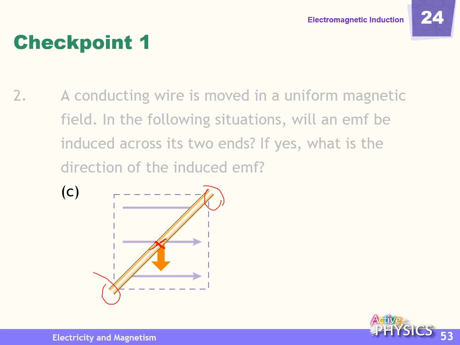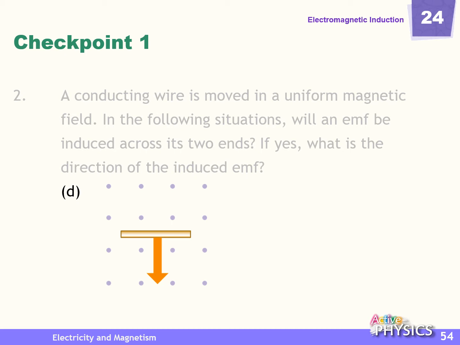You can imagine that the electrons can't move perpendicular to the wall, so they can't pass through it. So even though there is voltage, there will not be current because the current can't pass through the container. It can only flow from this end to this end or reverse, but not into the paper or out of the paper. So there will be no current. And then this one, yes, from right to left.